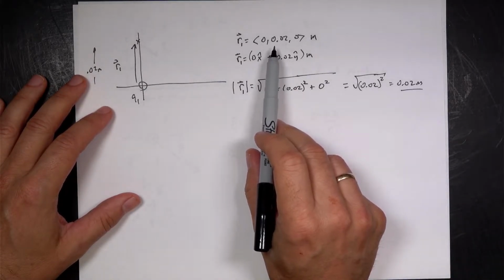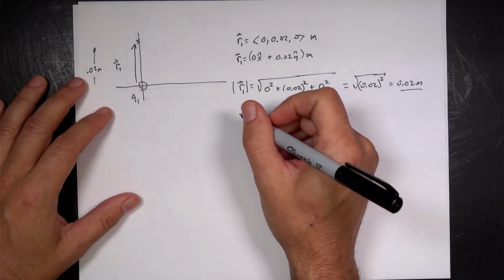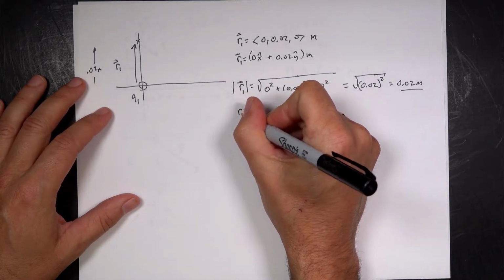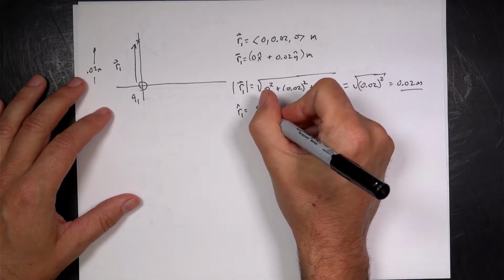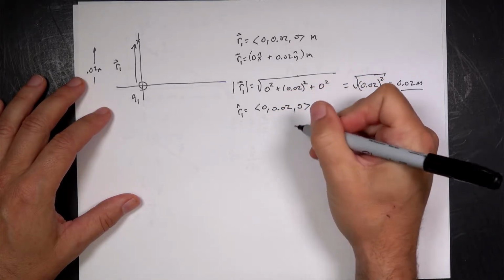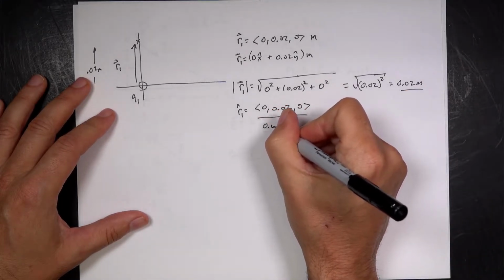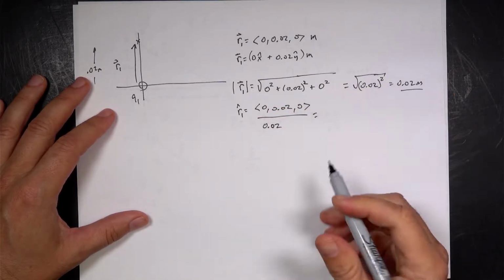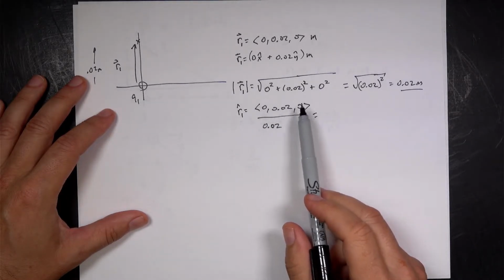Don't confuse that with the actual vector. Now the next thing I want to do is to find r hat. So r1 hat, the unit vector, is going to be the vector r1, so it's 0, 0.02, 0, I'm going to leave off the units for now, divided by the magnitude 0.02. If I take a vector and divide by a scalar, I need to divide each component by that scalar.